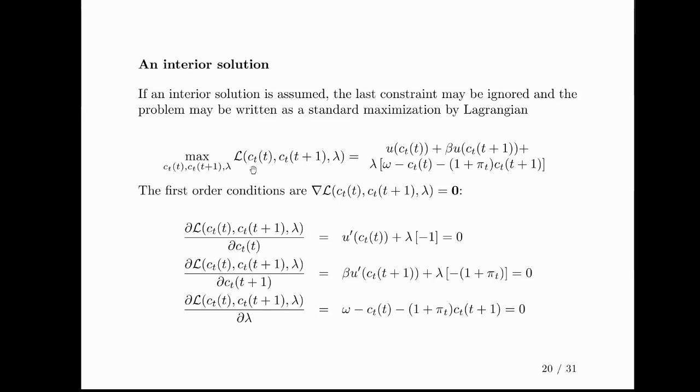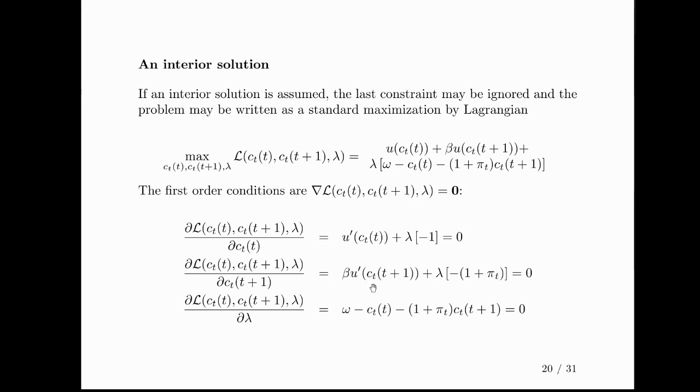So if I derive this with respect to Ct, then I get here U prime of Ct. Here it's Ct+1, so no, plus lambda times minus 1 equals 0. So that's the first thing. Then Ct+1 gives me here beta U prime of Ct+1 plus lambda times minus 1 plus pi t, the inflation, because I have my Ct+1 here.